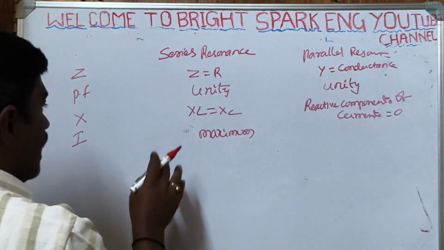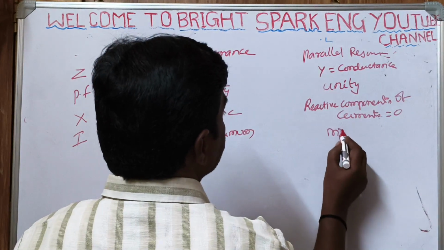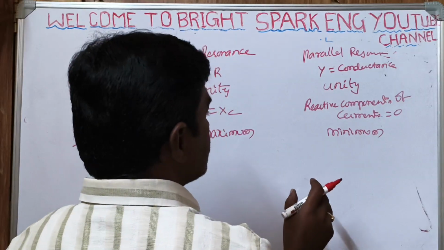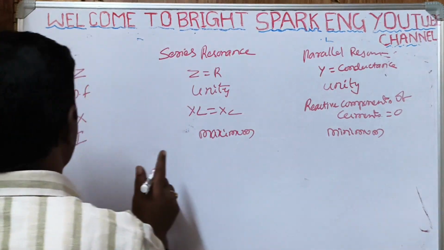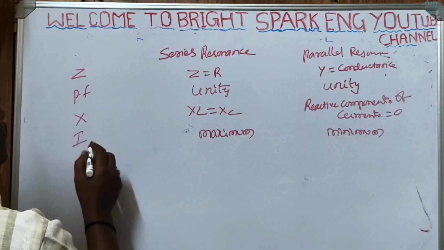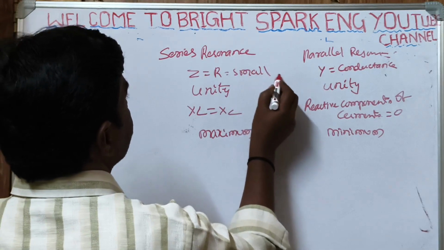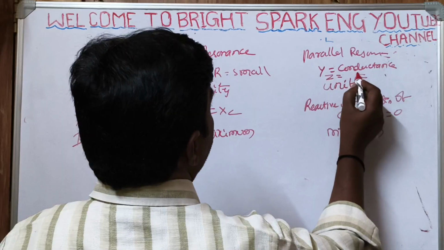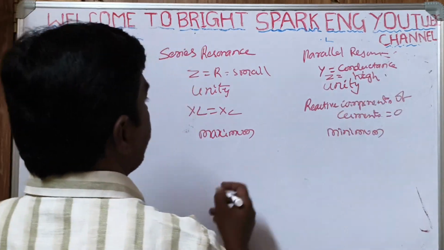Maximum current is applied in the series resonance circuit. Here is minimum current flow in the parallel resonance condition. Current is minimum. Here impedance is small. Here impedance Z is high. Impedance is high.